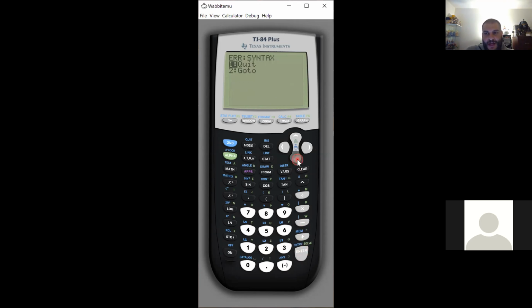So what you want to go ahead and do, you want to hit the button below the 3, the one that says parenthesis, negative, close parenthesis, and then that should give you the correct answer. Or that should give you no syntax error.